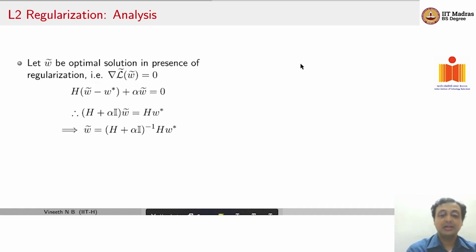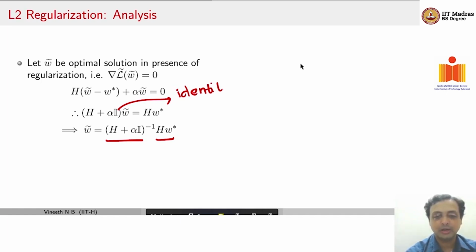This means w tilde, which is a solution of your regularized loss function, is going to be given by (H plus alpha I) inverse H w*. Just to remind you, I here means the identity matrix. In case you didn't get that already, this is your identity matrix.